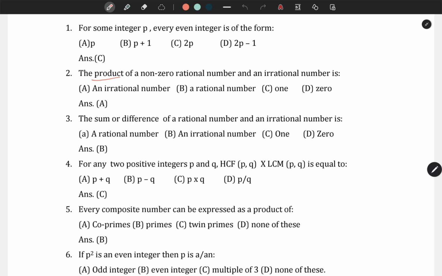So just remember, the product or sum or difference or quotient of a non-zero rational number with an irrational number is always going to be irrational.